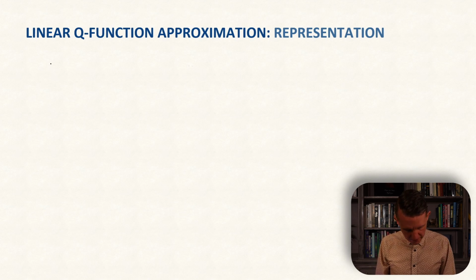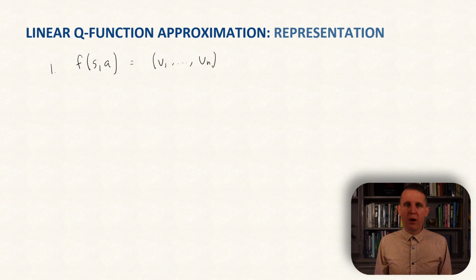The first is a feature vector extractor f(s,a), which is a function that returns the values of the important features in the state that we have selected.